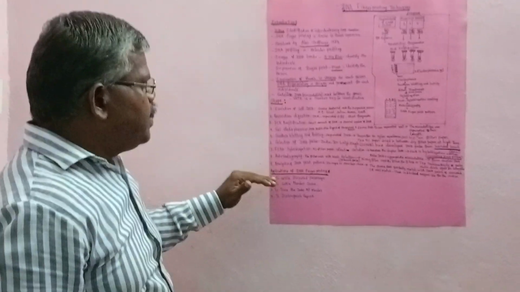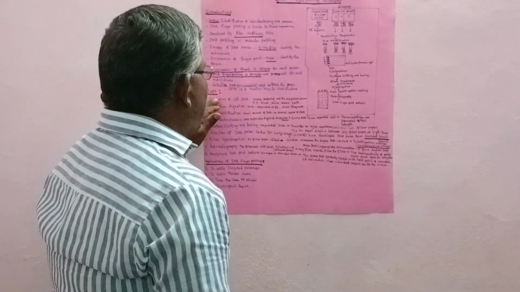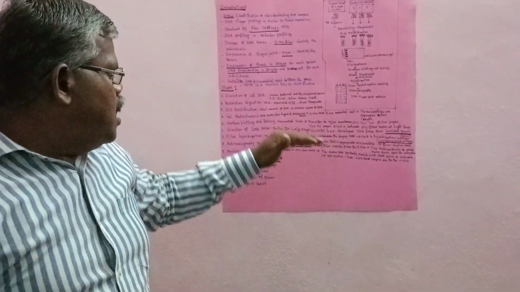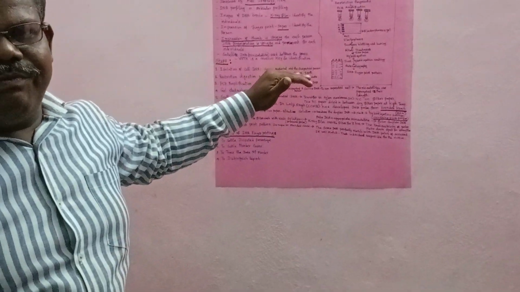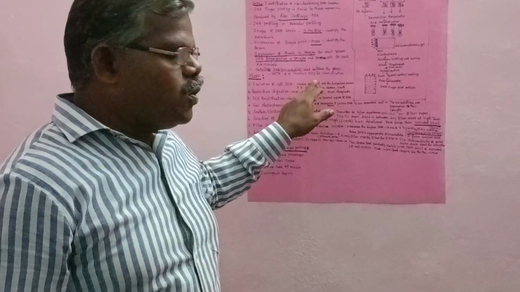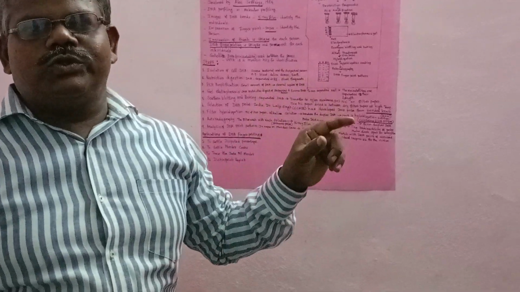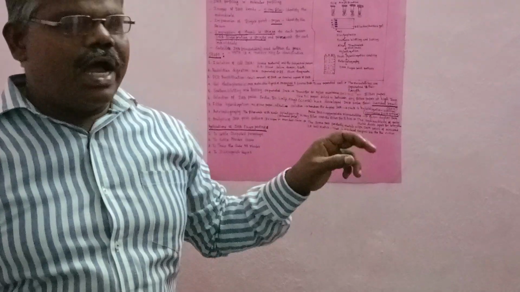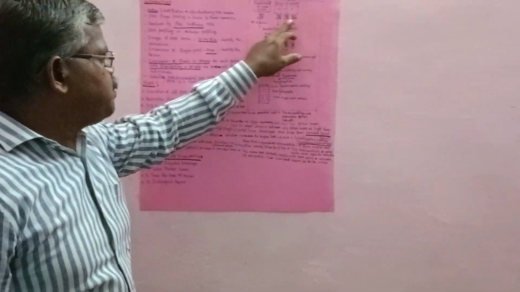In DNA fingerprinting, first is isolation of cell DNA. We collect DNA from the crime scene cells. It is used as the source DNA and the suspected DNA.